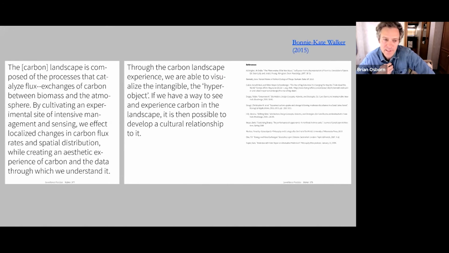She was understanding carbon as a hyperobject. And if we have a way to see and experience carbon in the landscape, then it might be possible to develop a cultural relationship to it. So clearly it's critical, as we have none or only a kind of one-way relationship to carbon.